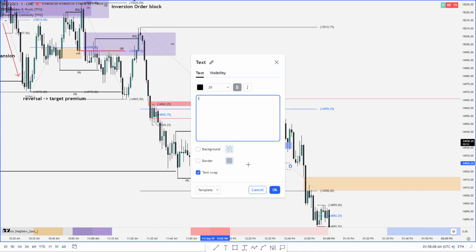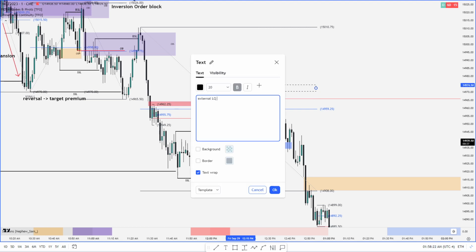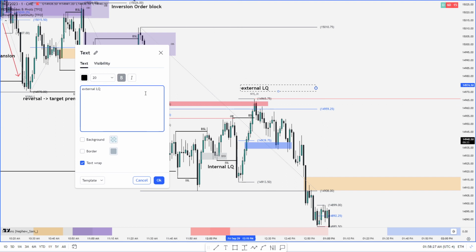So internal LQ with the sell side there to external LQ to external DR plus internal LQ equals reversal.